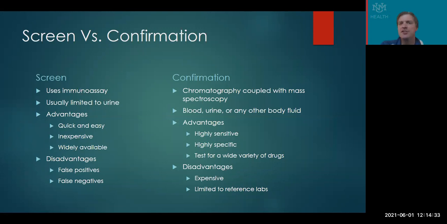So the advantages are that it's highly sensitive and highly specific. It's far more sensitive and far more specific than the urine drug screen. We also have the capacity to test for a whole bunch of different compounds. One of the things that oftentimes creates a little bit of confusion is that methamphetamine and amphetamine are slightly different compounds, with a methyl group that's different.